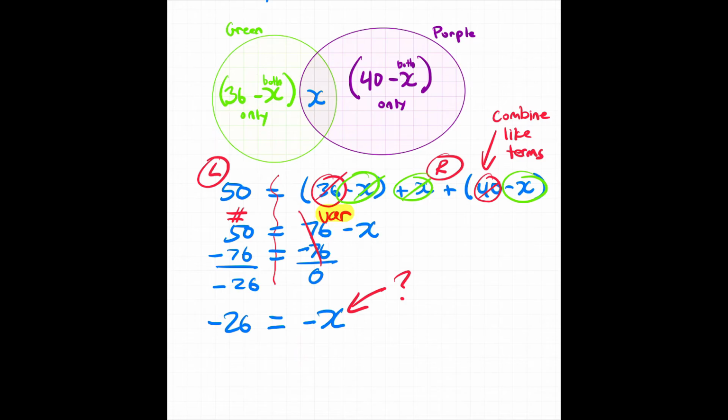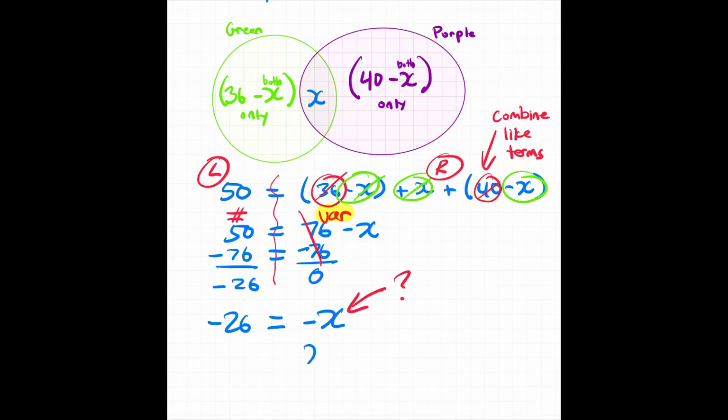But this will happen quite often, where the x is finally isolated on one side, but it's negative. Really, all you have to do is just change the signs of both. So this can be rewritten as x equals positive 26.